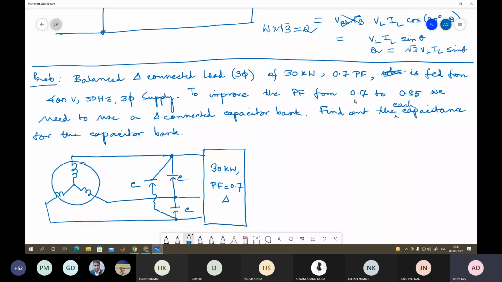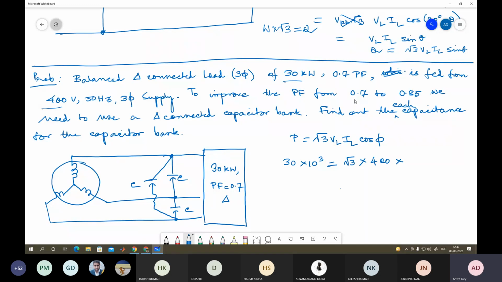So what is your supply voltage here? We can first write P equal to root 3 VL IL cos phi. So what is your VL? This is equal to 400 volt. So P equal to what? It is 30 kilowatt, so 30 into 10 cube is equal to root 3 into 400 into IL.